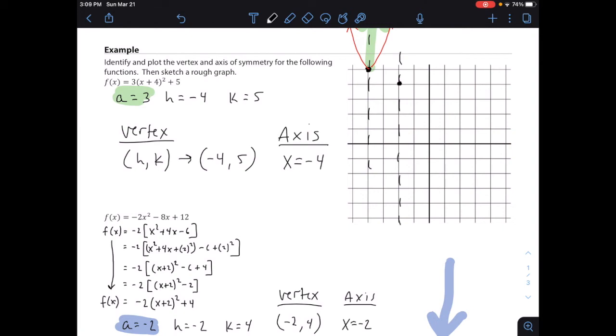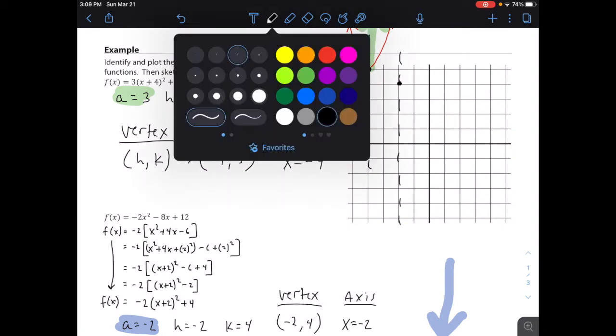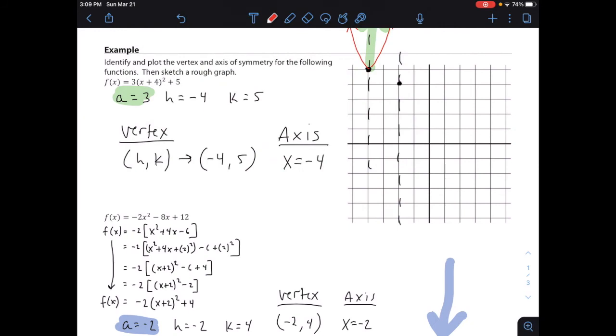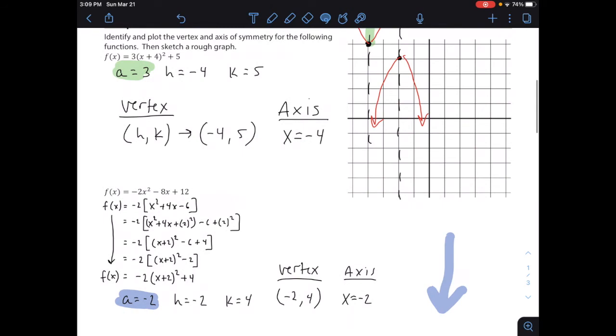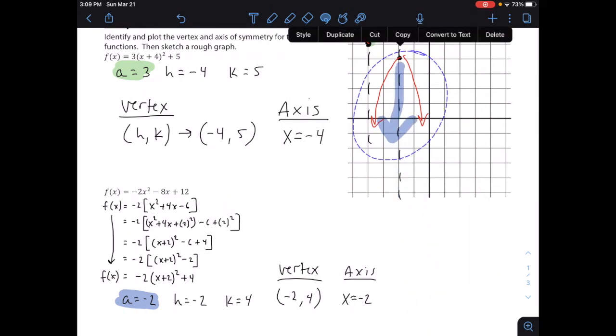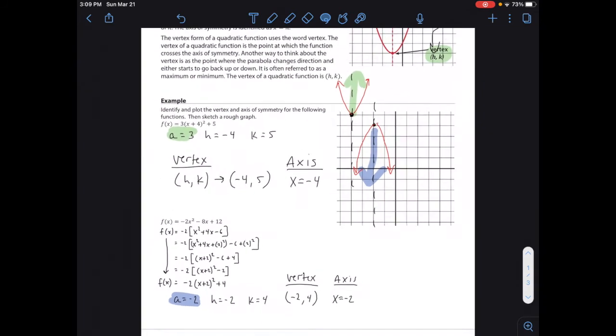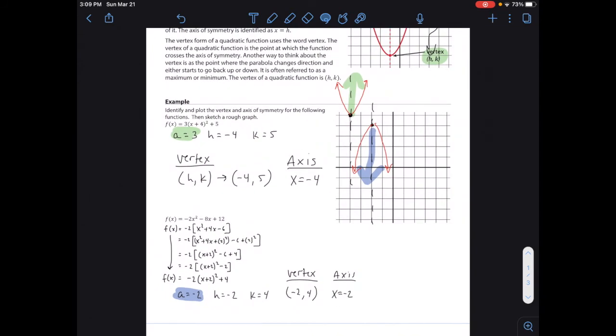And then in this case, instead of drawing the graph going up, I'm going to draw it going down. So it's going to look something like that right there. Okay, so I'm going to take this nice, neat arrow that I drew and move it so it's right there. So our graph is going down, and it's because that a is negative.